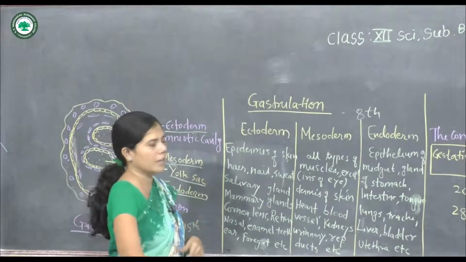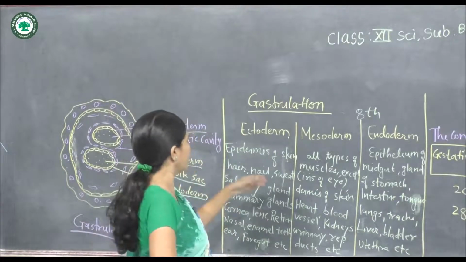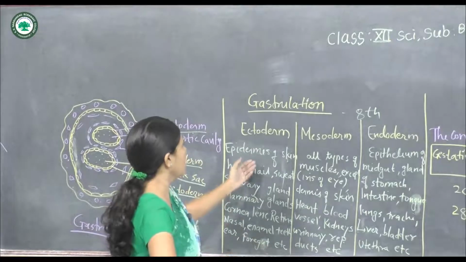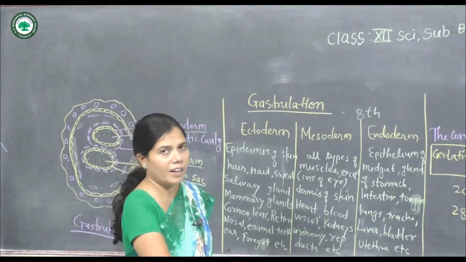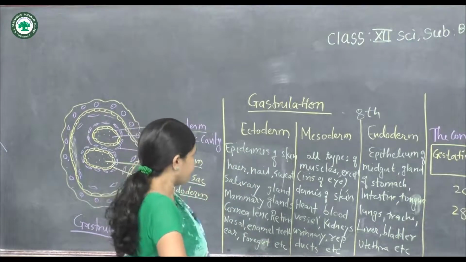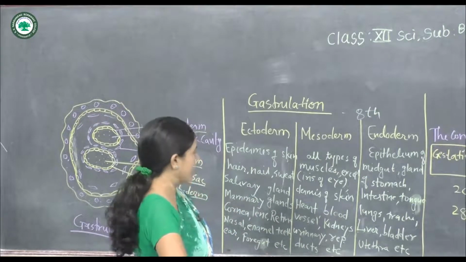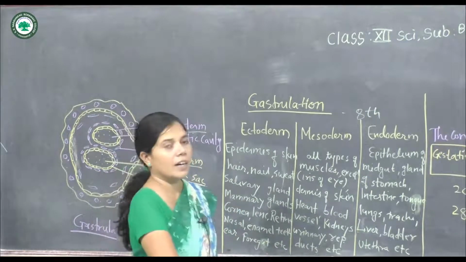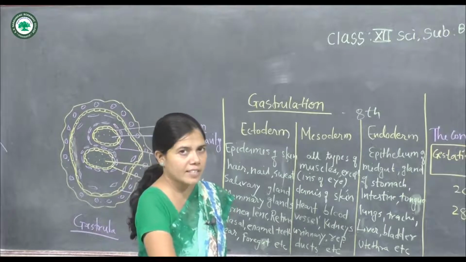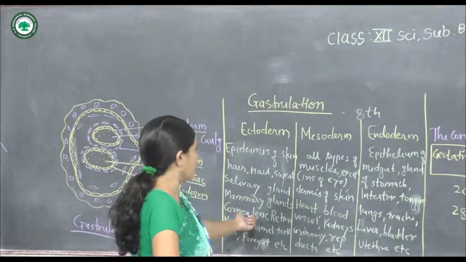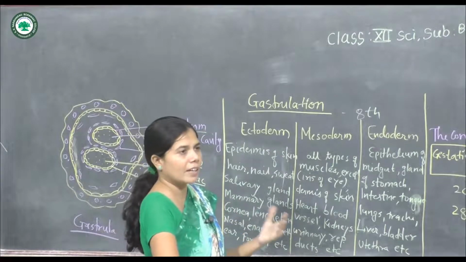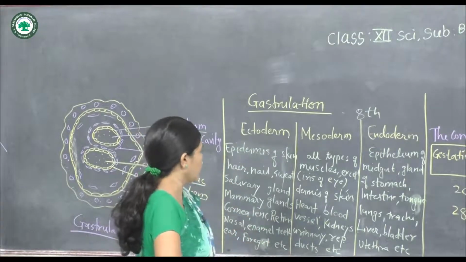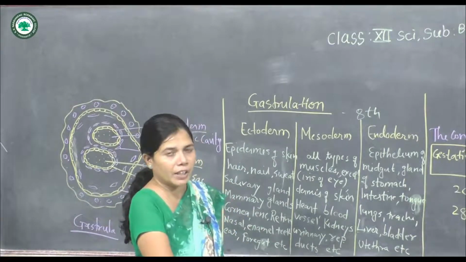The ectoderm gives rise to the epidermis of the skin, hair, nails, sweat glands, salivary glands, mammary glands, the retina, lens and cornea of the eye, as well as the enamel of teeth.